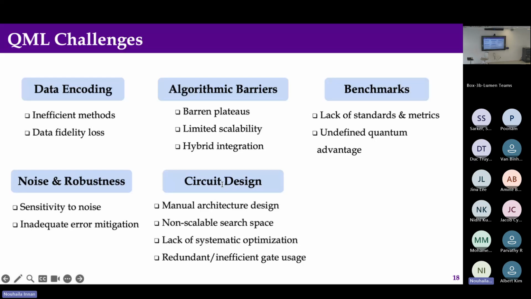Sometimes you feel you're just adding gates and trying. So this is about understanding that black box, how it works, in which case it is contributing to the performance exactly, and it's a problem. And this is what we call manual architecture design. You do it by yourself, just manually adding this and this.